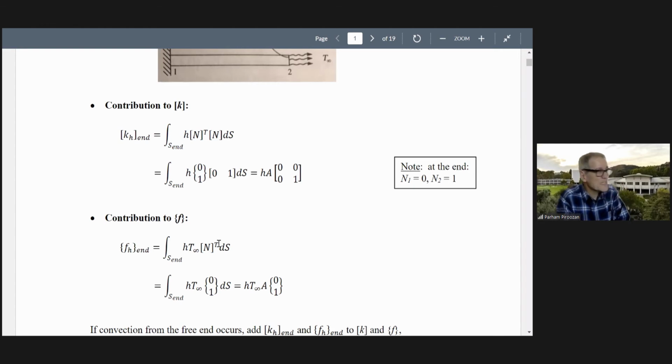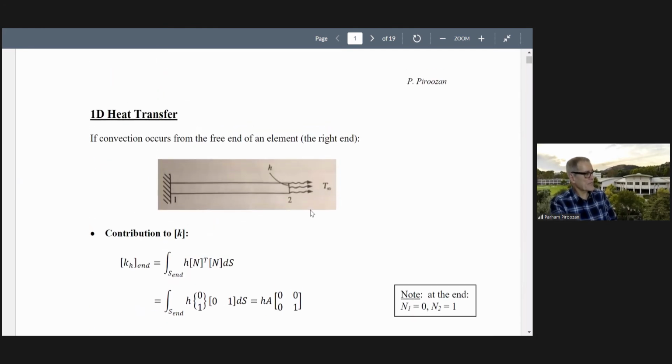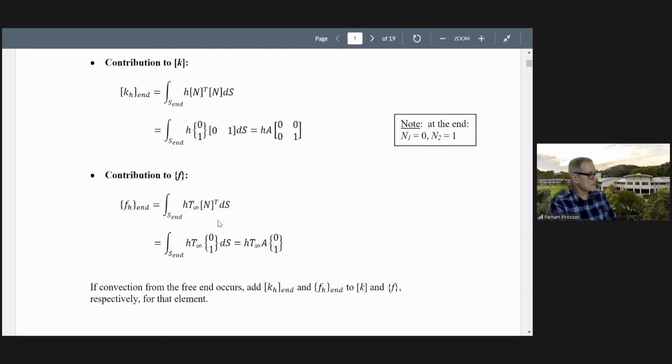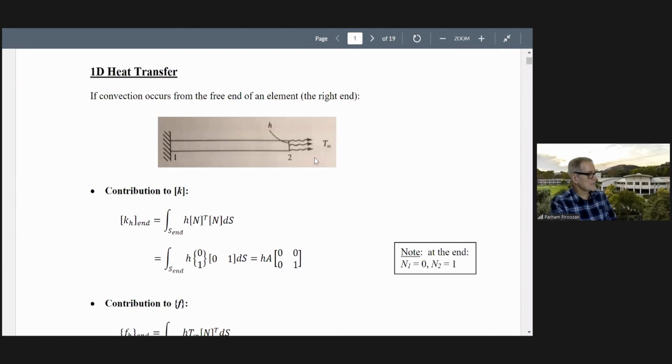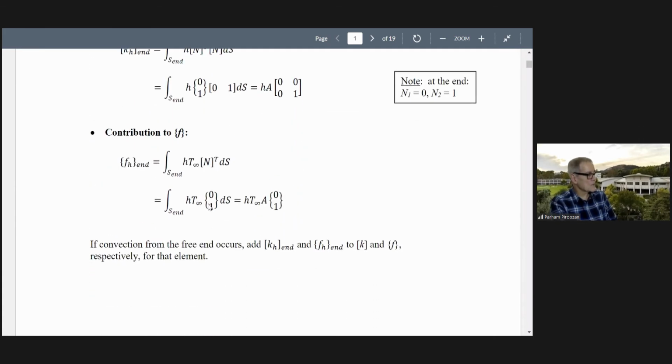The root of everything goes back to that equation to begin with. So applied to this element when there is convection from the tip, that would be H T infinity. The shape function would be 0 at this node, and if we evaluate it here, it would be 1 at this node, and dS would be the area.